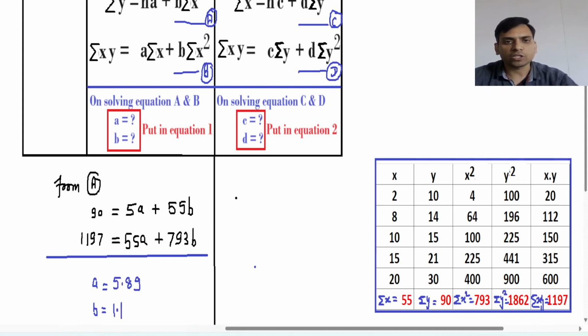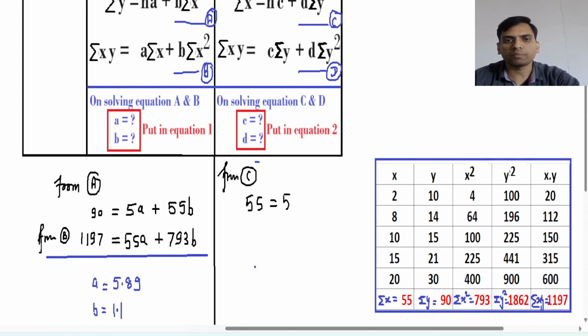And for the second equation also, the value of summation x is 55. Now we are doing this from equation C. So in equation C, summation x is equal to 55, so we will put 55 here, equals to n.